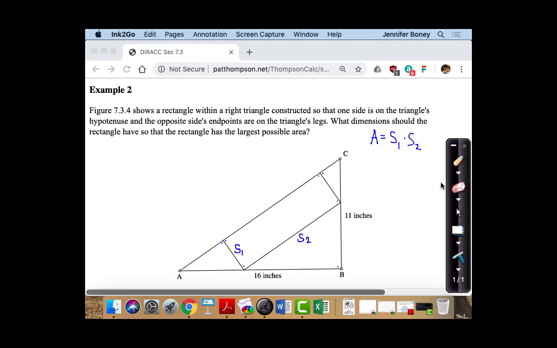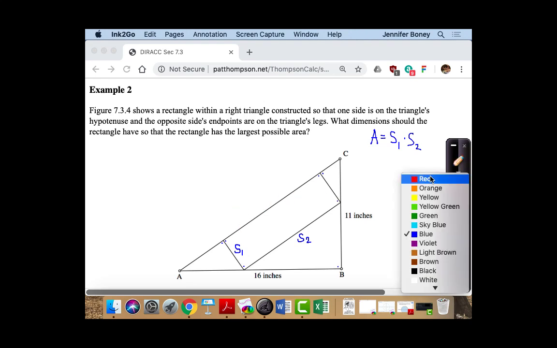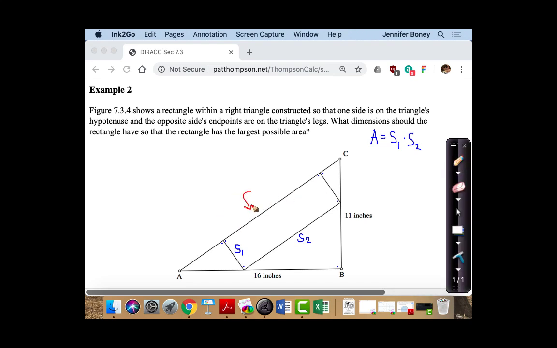Let me just write this side in a different color. This hypotenuse length would be the square root of 11 squared plus 16 squared. So if I need to refer to it, I can call it that. Or that's 256 plus 121, 377, square root of 377.